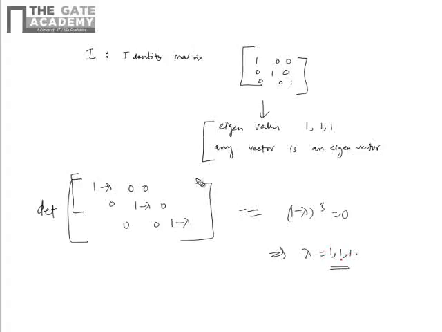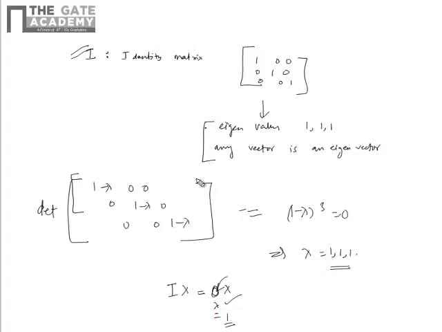So these are the eigenvalues for the identity matrix, because this is a somewhat special matrix. And when you multiply any vector with the identity, you will get the same vector back, right? That's why lambda here is 1.